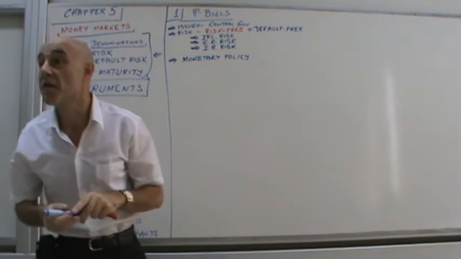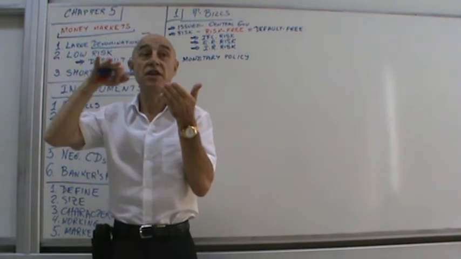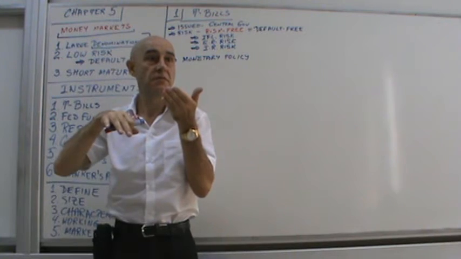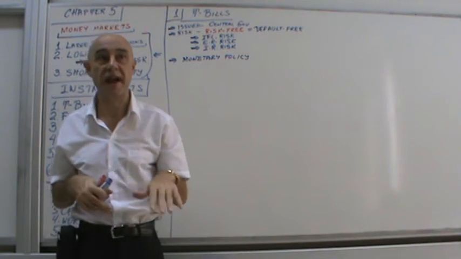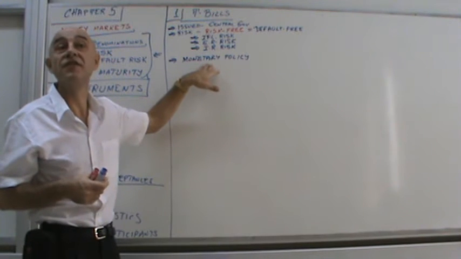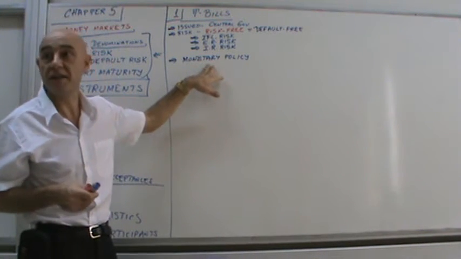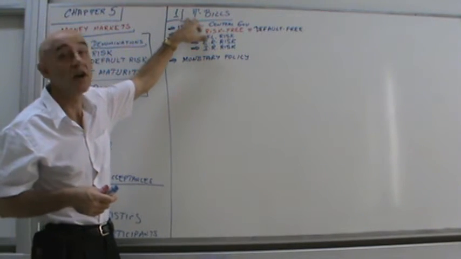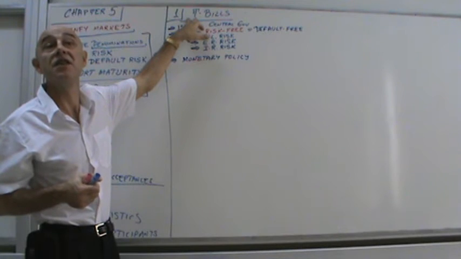It will buy them, drive the price up and interest rates down, or it will sell them and drive the price down. So one of the tools of monetary policy by the central bank is through the sale or purchase of T-bills.